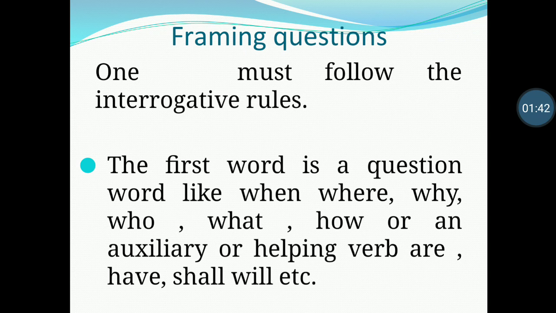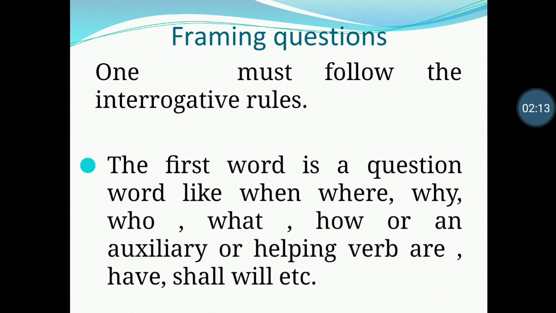Framing WH questions. To frame a WH question, one must know the interrogative rules. The first rule is the first word should start with a WH word or an auxiliary verb. Okay, so this is the first rule. If you want to frame an interrogative sentence, first we need WH words or auxiliary verbs.